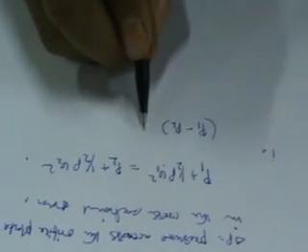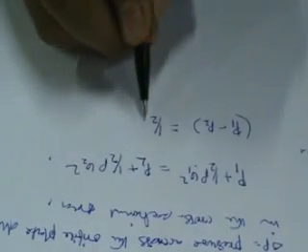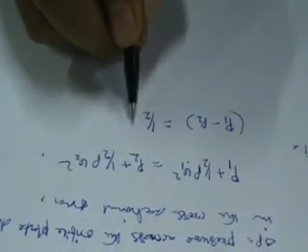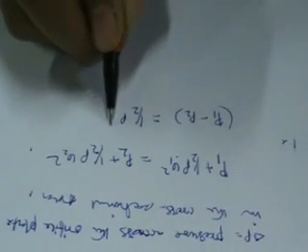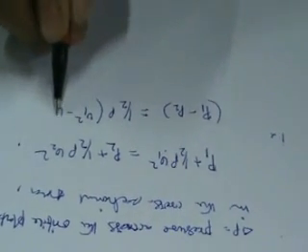So again, we can write this equation as P1 minus P2 equals half rho times (V1 square minus V2 square).